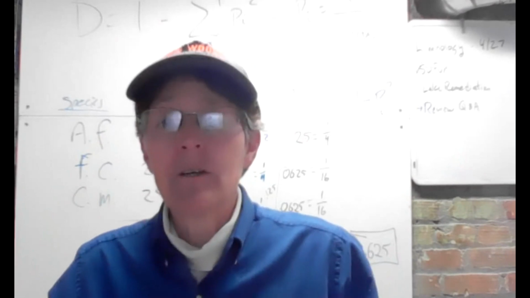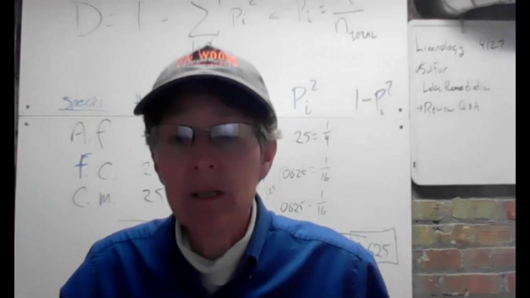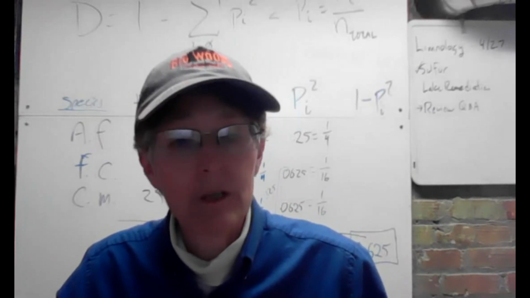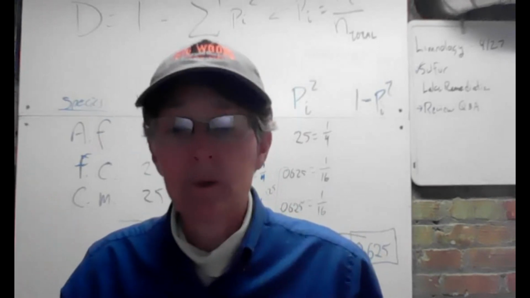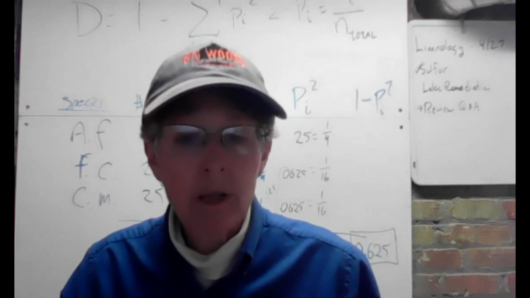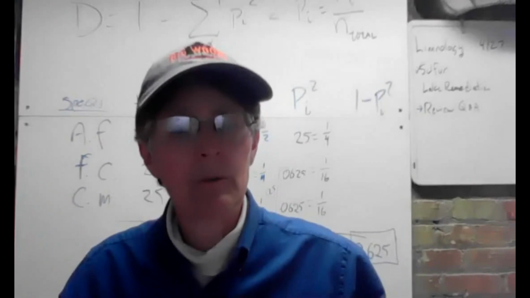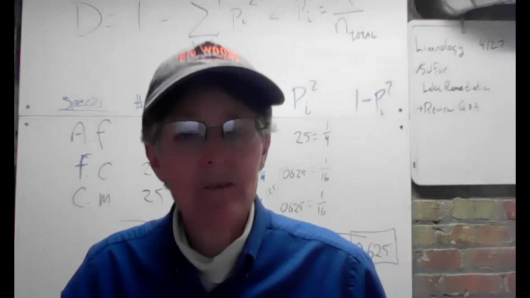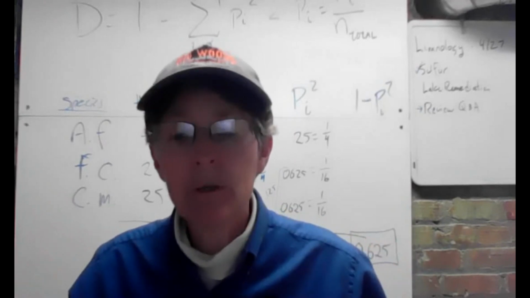Now, I have to say that Simpson's diversity index is not the most commonly used diversity index by professional ecologists writing papers. It's more common to use the Shannon-Wiener index, which is like the number times the logarithm of the number, or the proportion times the logarithm. But it doesn't have the same kind of intuitive, makes-sense feeling to it.